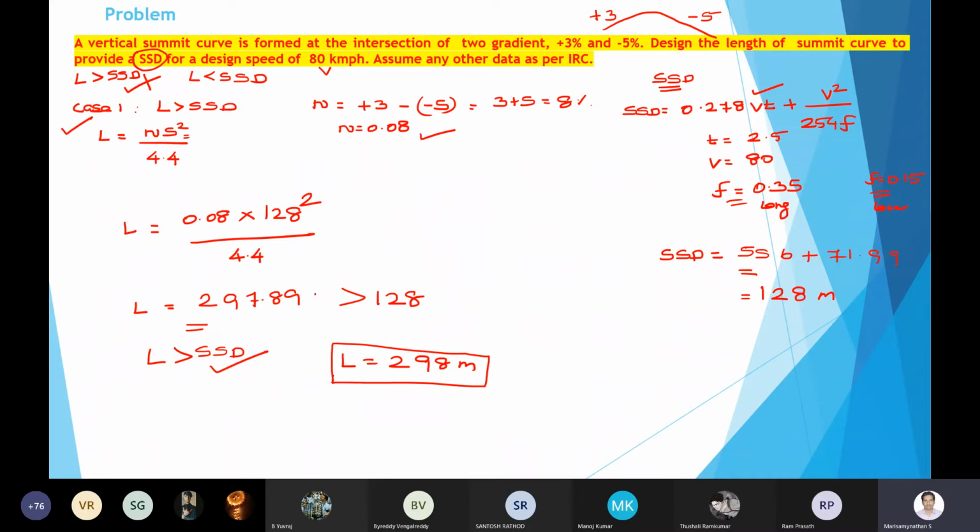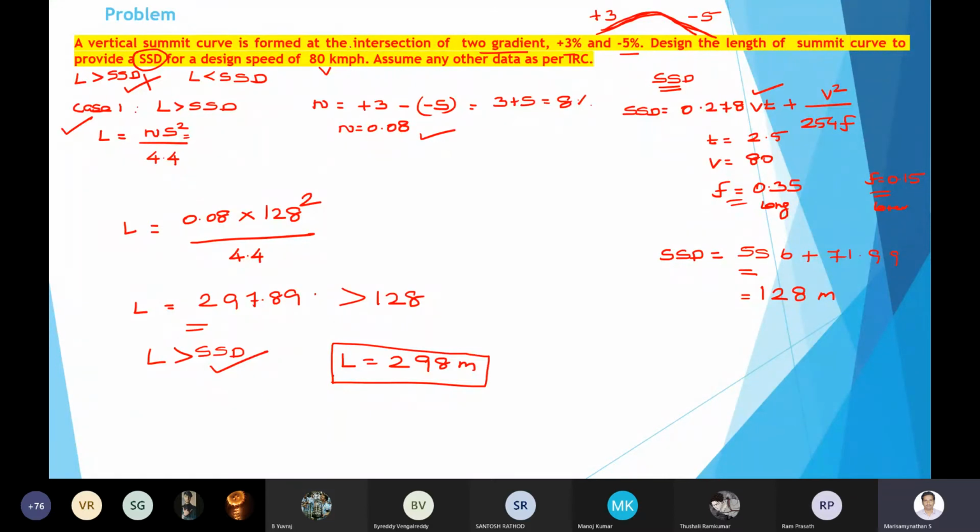So students, it might be simple. The vertical summit curve is formed at the intersection of two gradients, plus 3 and minus 5 percent. It goes plus 3 in ascending order, then comes to negative 5. This summit curve is designed for a design speed of 80 km per hour.